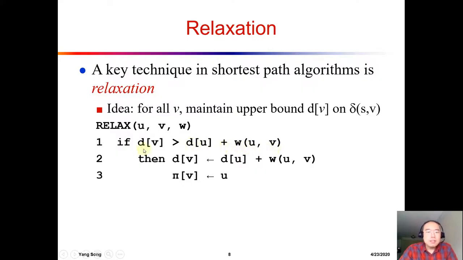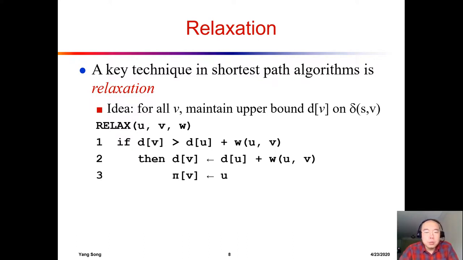So if d[v] is greater than d[u] plus w(u,v), that means if we get to u first and then take the path from u to v, that is an even lower cost to get to v.